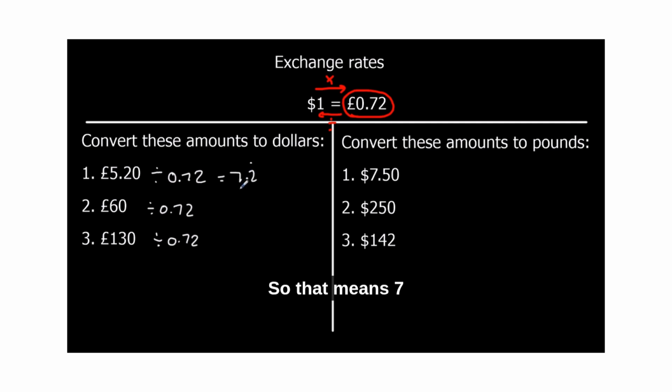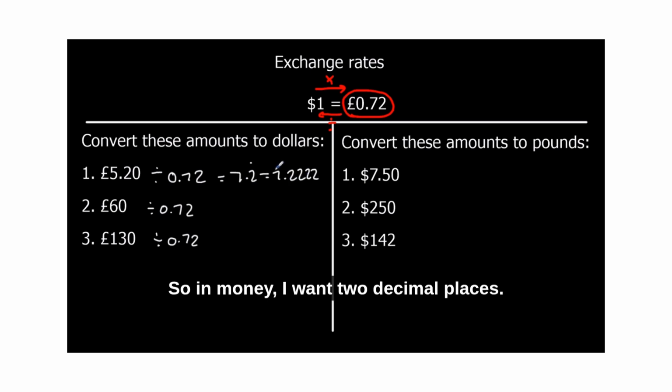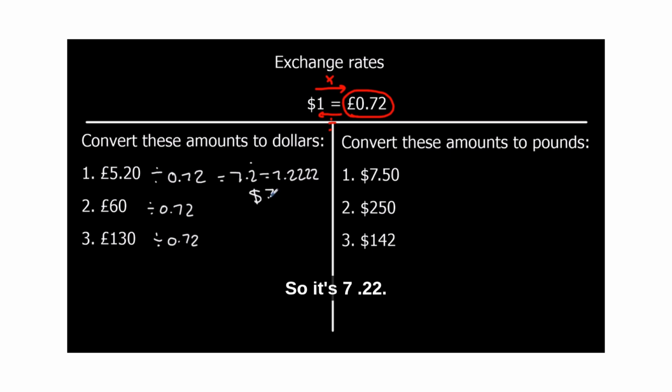So that means 7.22222 going on forever. In money, I want 2 decimal places. It's in dollars, so it's $7.22. 60 divided by 0.72 has come up 83.3 recurring, 83.33333.